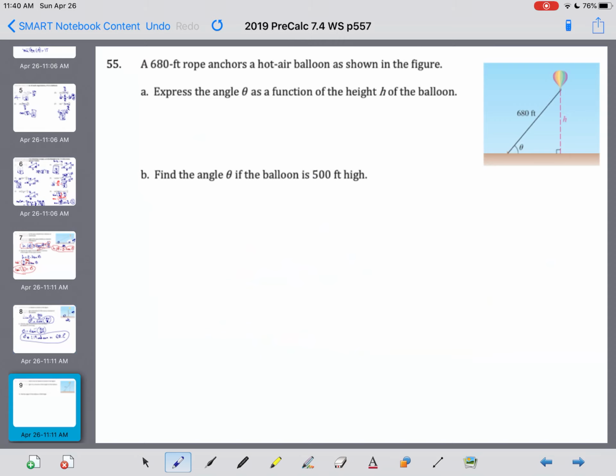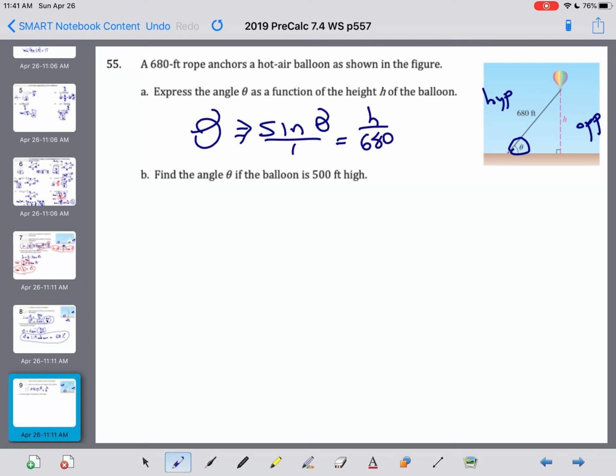Similarly here, we're going to express the angle as a function of the height. This time I've got the opposite, and I've got the hypotenuse. So this is going to be the sine. So this is going to lead me to the sine of theta over 1 equals h over 680.